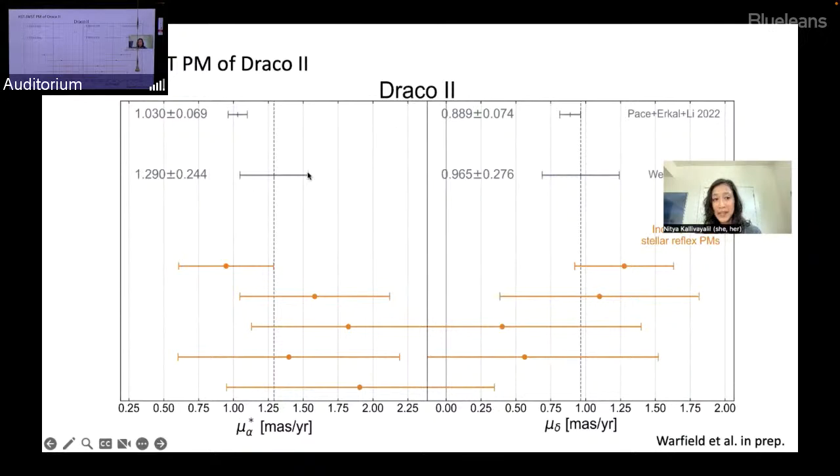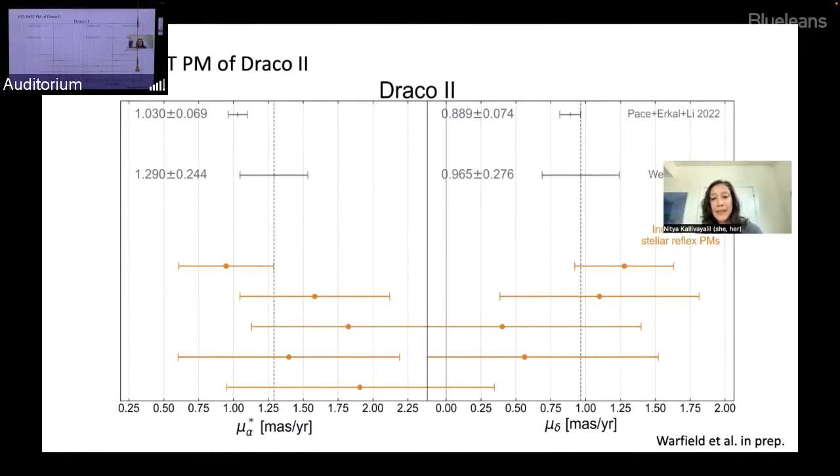This is the earlier result from Pace et al., using a combination of Gaia and their own methods to add additional members from other surveys, using a very sophisticated technique. And this is our cross-observatory result for the moment, which has larger errors, though it is consistent with this measurement within the errors, because most of the Gaia stars in our JWST images are saturated. So these are really the only stars that remain for use that are not saturated.